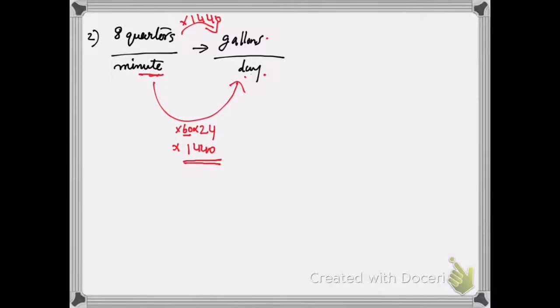So in the numerator you get 8 times 1440, which equals 11,520, and in the denominator you have minutes, meaning 1 minute times 1440 equals 1440. So 1440 minutes, right?